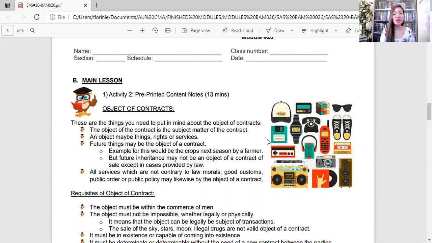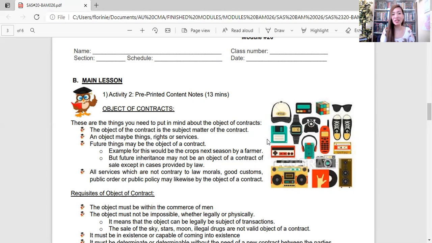Third, future things may be the object of a contract. An example for this would be the crops next season by a farmer. But future inheritance may not be an object of a contract of sale except in cases provided by law. Future things, ito yung mga tinanim pa lang ngayon, yung palay, pero next month pa aanihin.